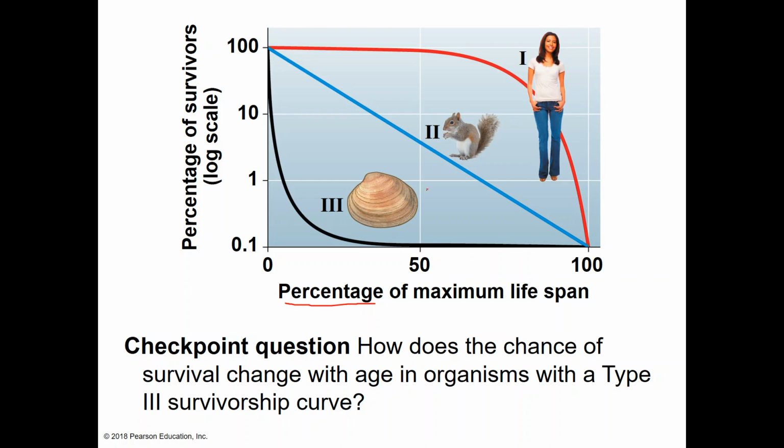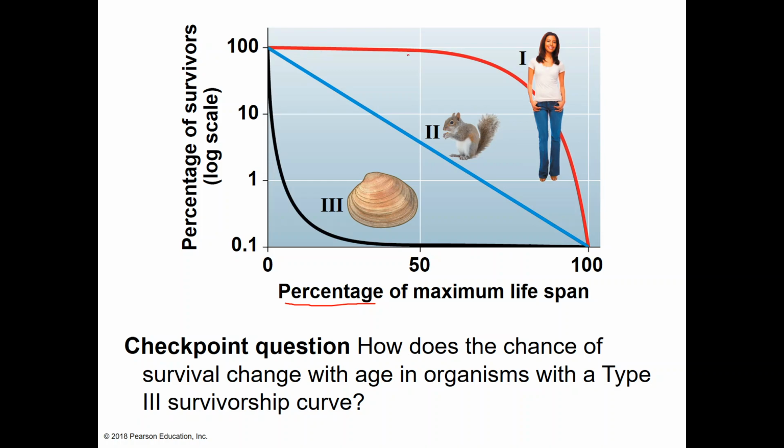As you can imagine, a clam has a very different lifespan than a squirrel, and they both have a very different lifespan from a human. But we can put these all on the same graph and show this comparison using these percentages. So what we can see is that the curve for the human population shows that most people survive to older age intervals like we saw on the table.